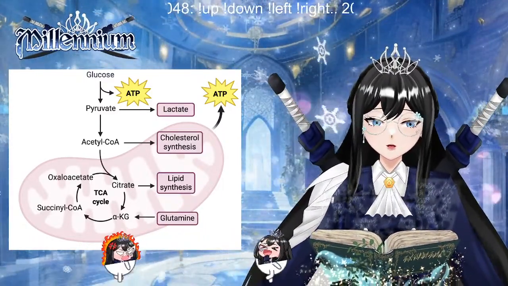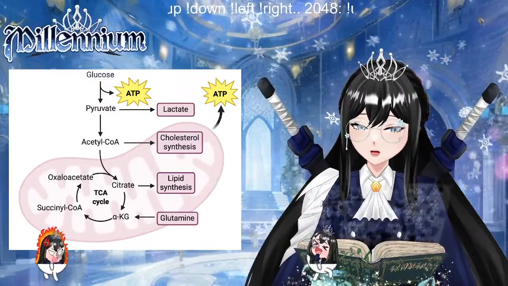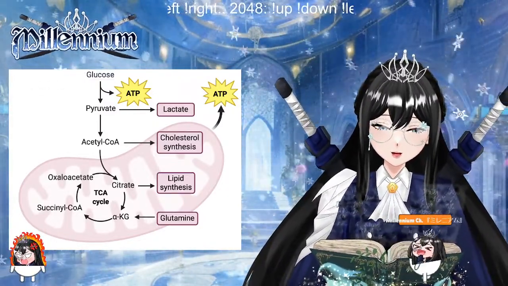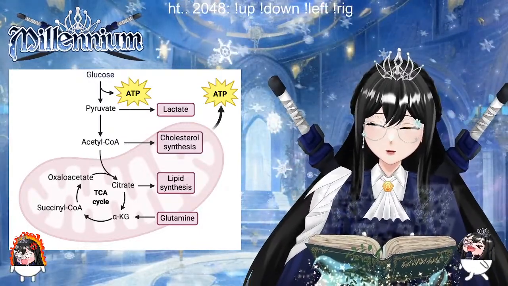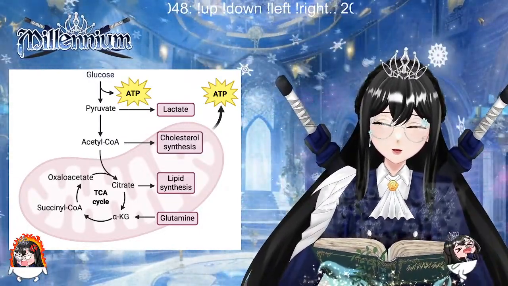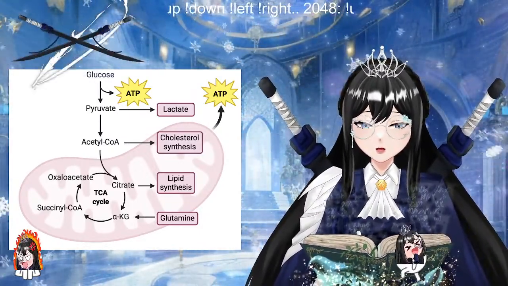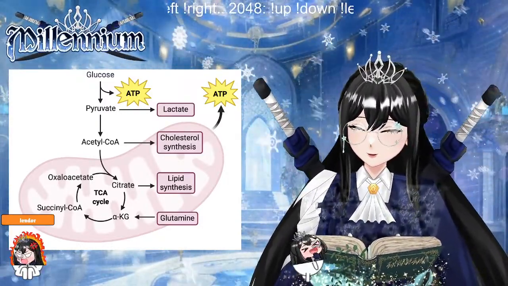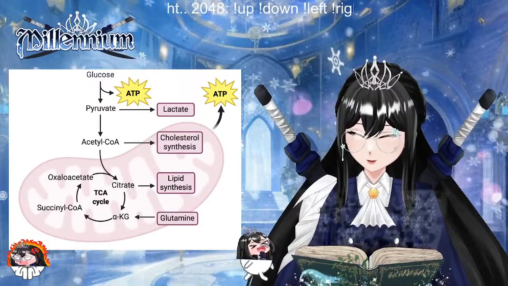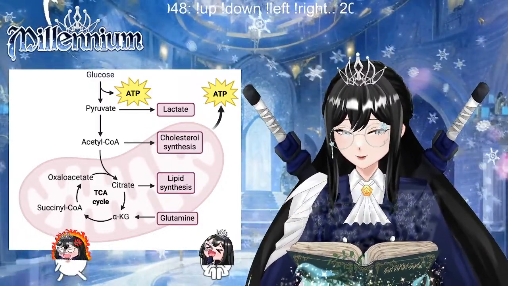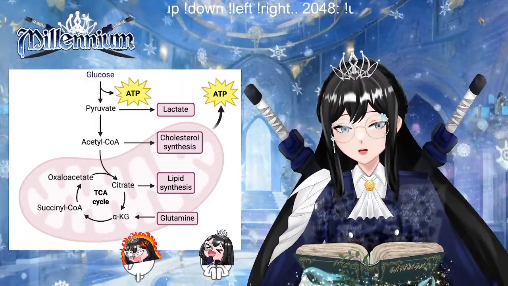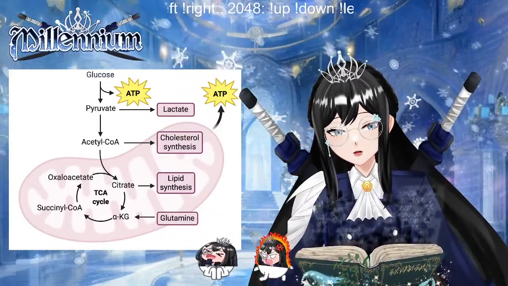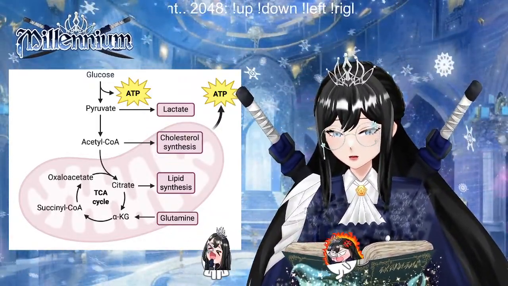Phosphofructokinase makes it into fructose 1,6-bisphosphate. Then you have DHAP and G3P; aldolase breaks it up. From DHAP into G3P, you have triose phosphate isomerase. From G3P, you have glyceraldehyde phosphate dehydrogenase. It's glyceraldehyde 3-phosphate, so that should be easier to remember.